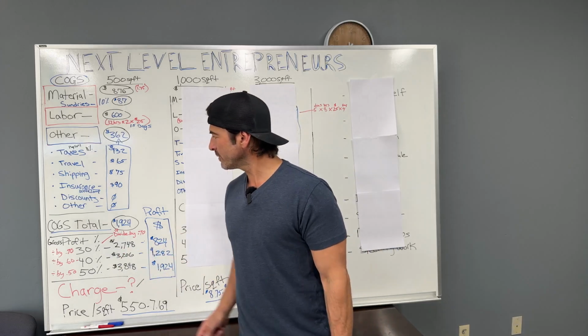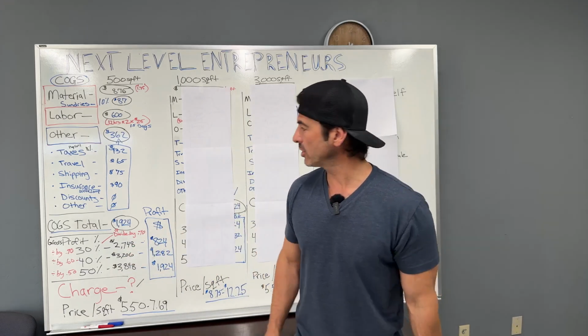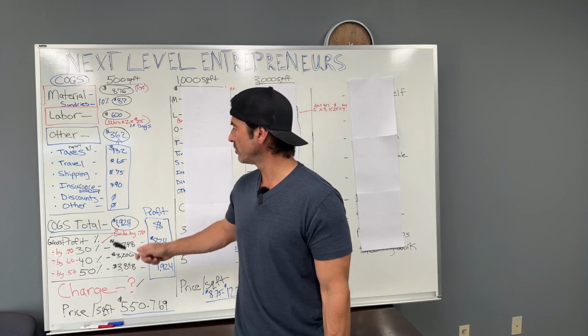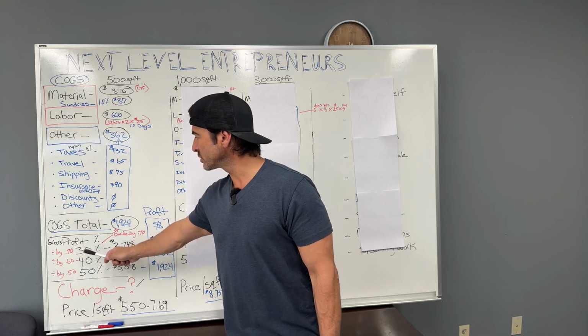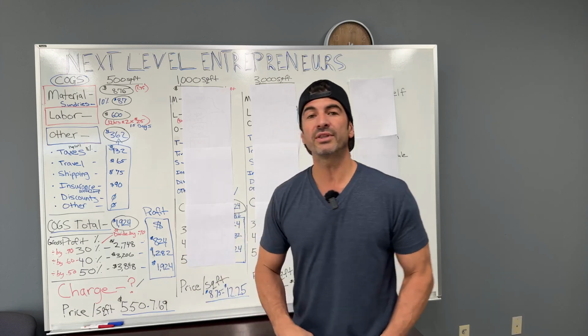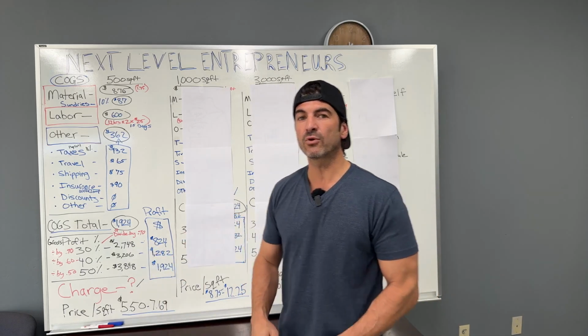So 30%, okay, if you want to find out what you should charge to be at a 30% margin, you divide your costs by the difference of 100. So if you have 1,924, then you have 30% is where you want to be. You divide 70% into 1,924, and that gives you your charge, which is $2,748.